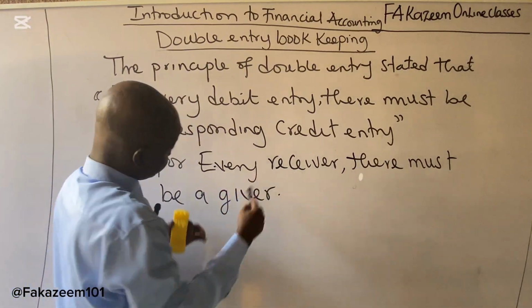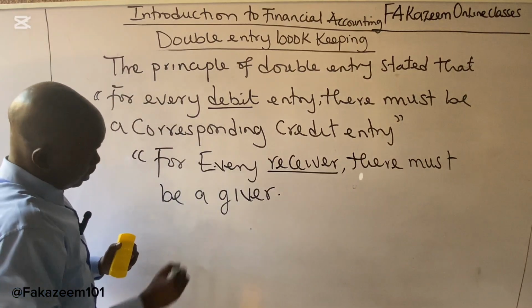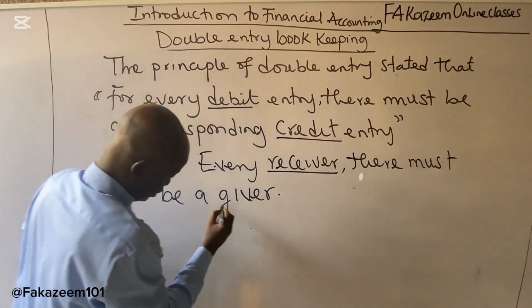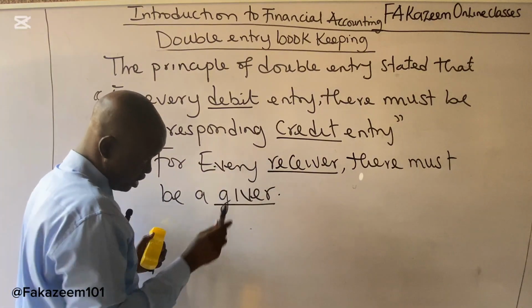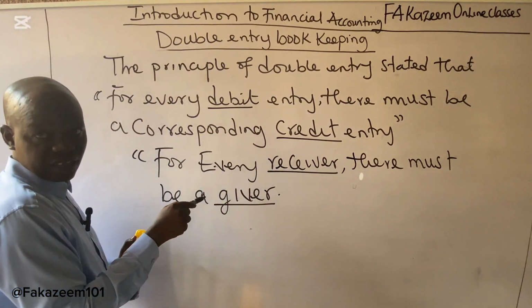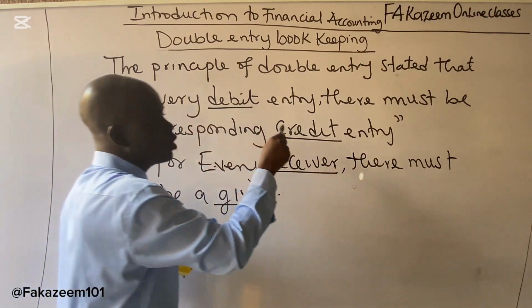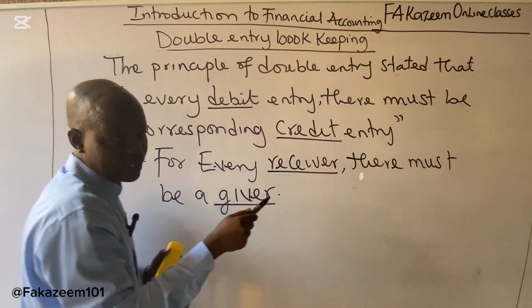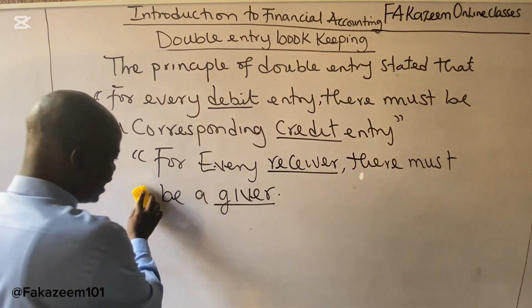The receiver is debit and the giver is credit. For recording a debit item, you must also record a credit item. That process is known as double entry.